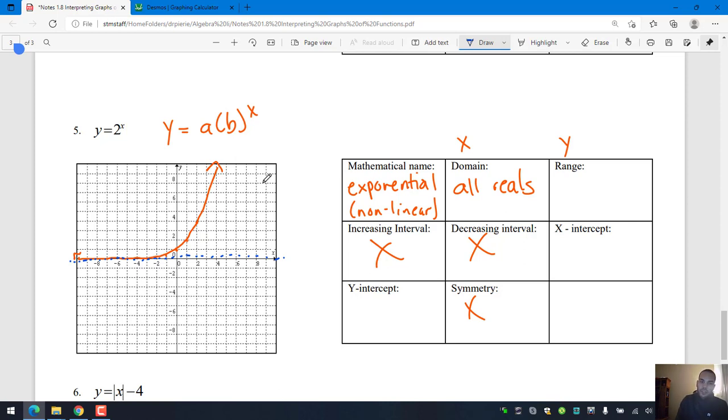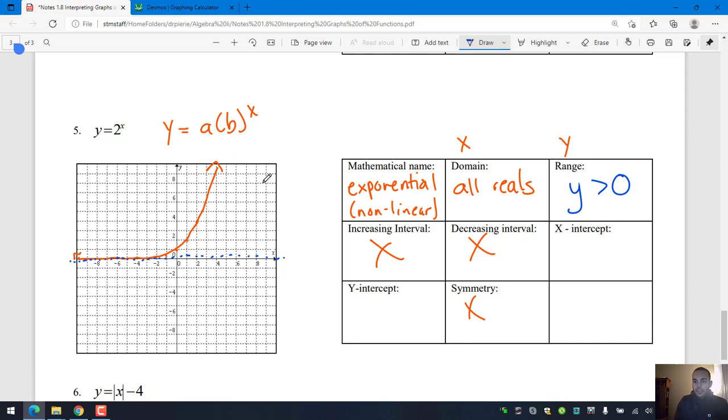I can get any positive y value I want. The graph does go up forever and ever, but it never goes below 0. If range is all the possible y values you can get back, the way you say it is y needs to be greater than 0. I can get back any positive y value, I just can't go negative, and I can't get exactly 0.